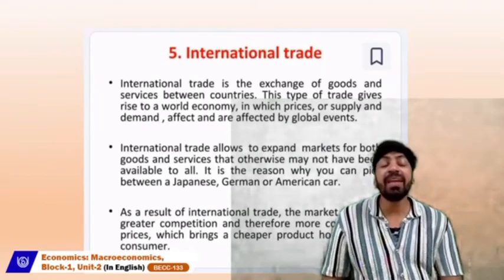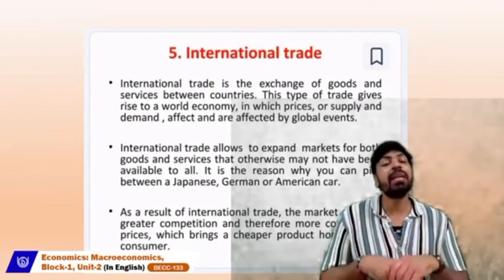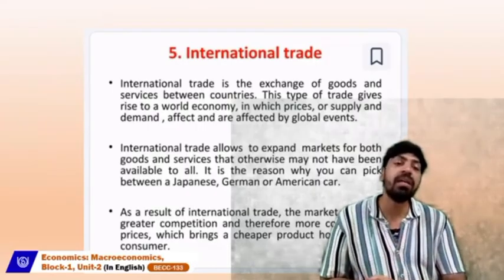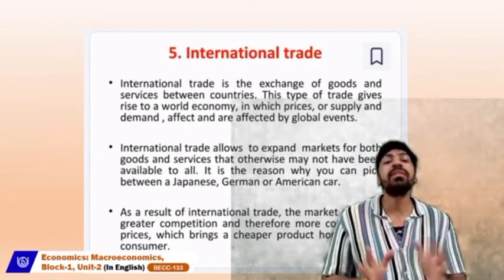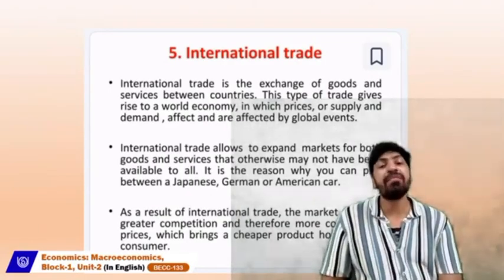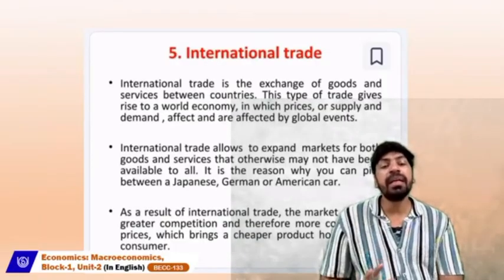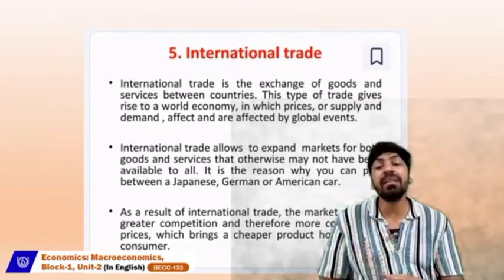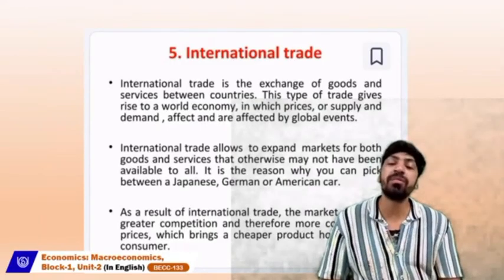If any global event or situation arises, the aggregate demand and aggregate supply of goods and services will automatically be affected. International trade also allows the expansion of markets for both goods and services.